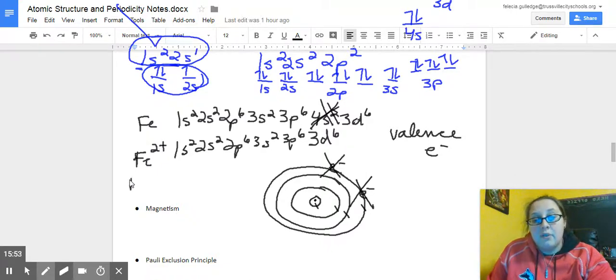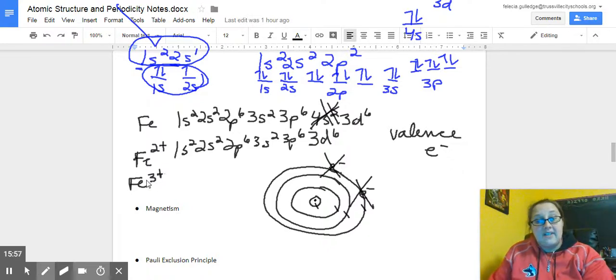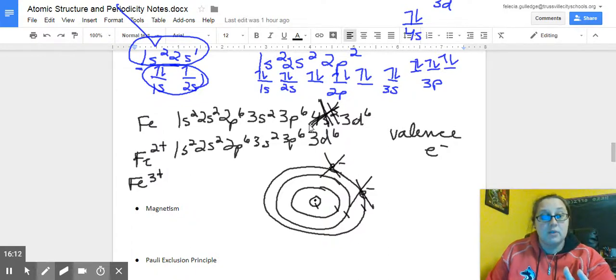What about for iron 3+, Fe3+? How many electrons have I taken away? That means that I've taken away 3 electrons. Well, where do I take away those electrons from? I only have 2 in the s orbital. So I'm going to take away those 2, but I have to take away 1 more, right?